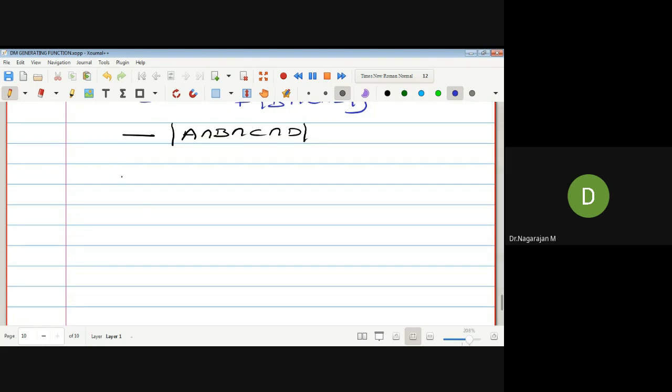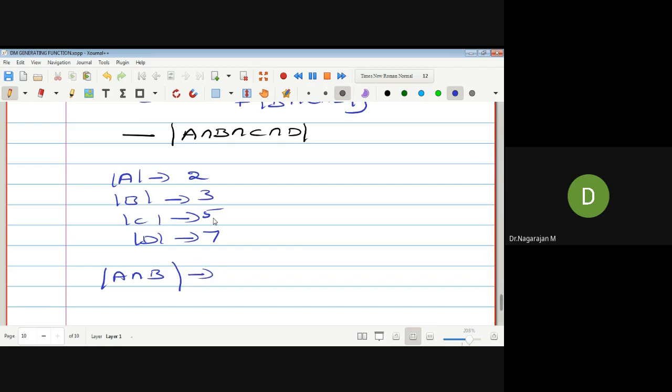So I already told you, A is the number divisible by 2, B is the number divisible by 3, C is the number divisible by 5, and D is the number divisible by 7. Then what is the idea of A intersection B?